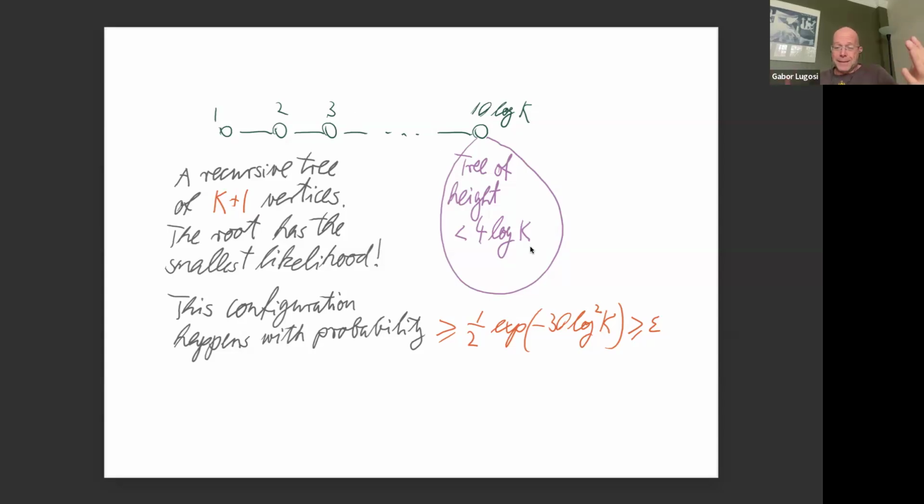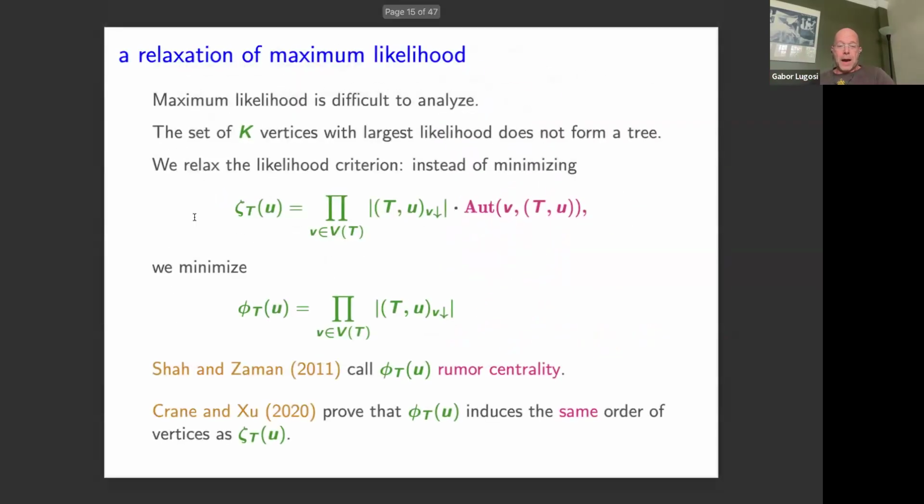This is a bad thing that can happen, and only this will make this lower bound necessary, because in this case it's easy to establish that the root is the least likely vertex. All right. Now we could also give upper bounds by analyzing the maximum likelihood.